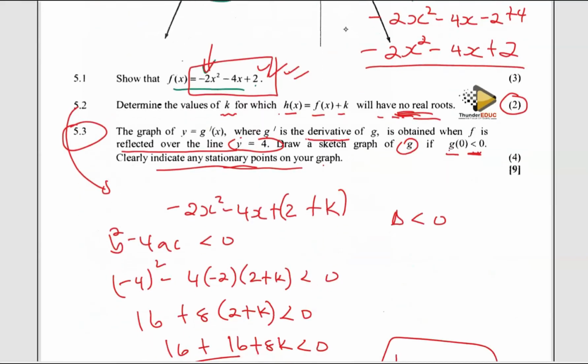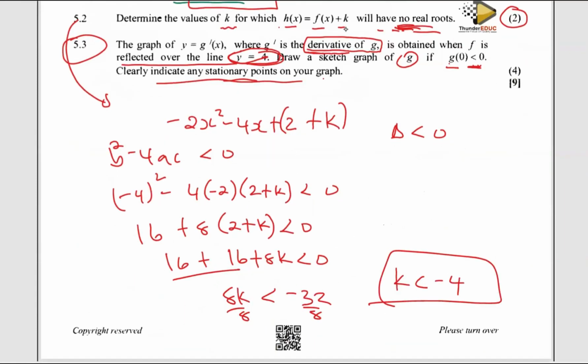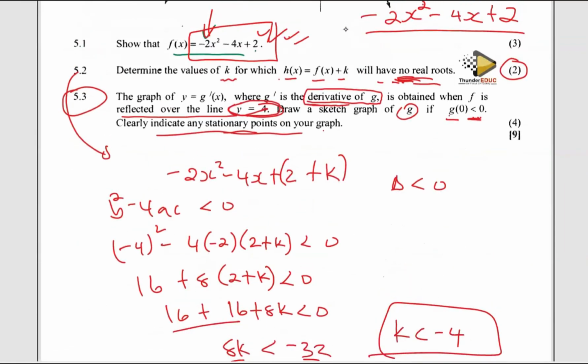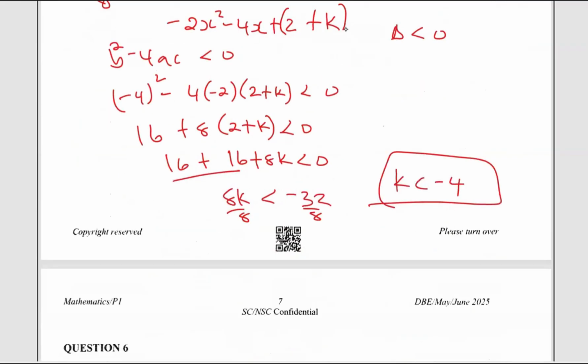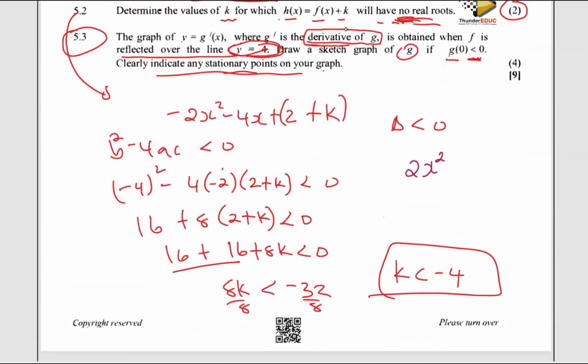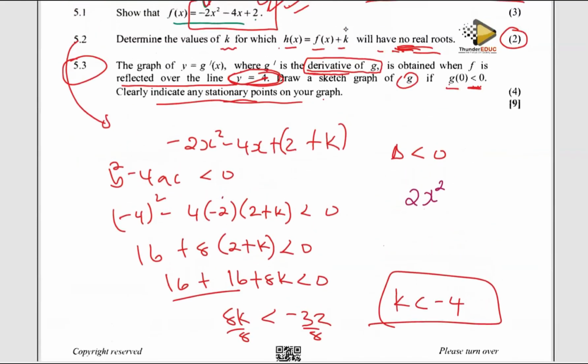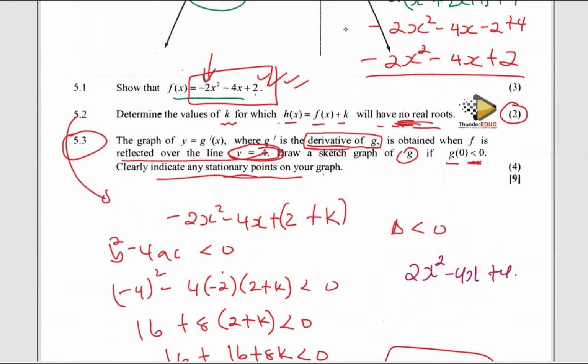Okay. So they talked about the derivative of g is obtained when f is reflected over. So reflecting it over, remember we're getting a positive 2x squared minus 4x plus 4, something like that.